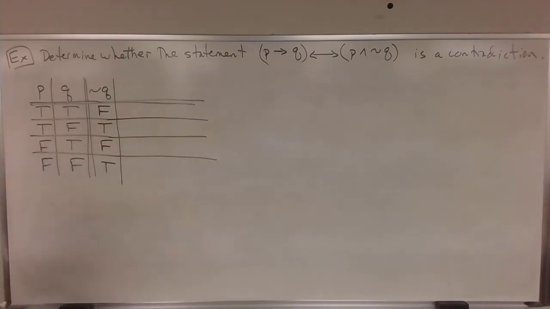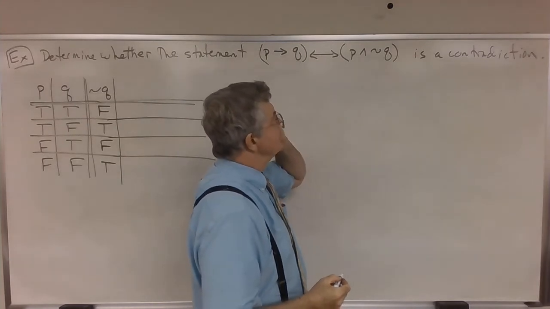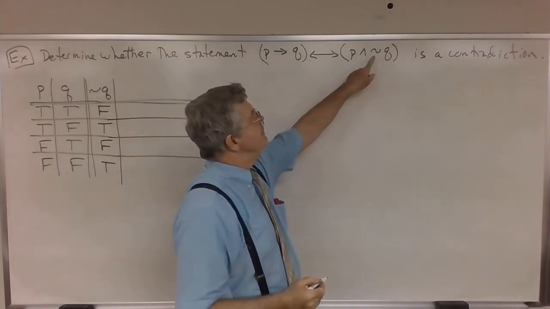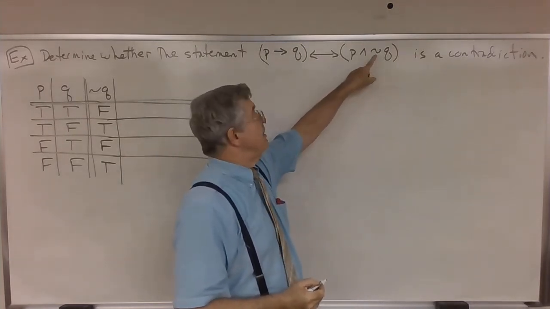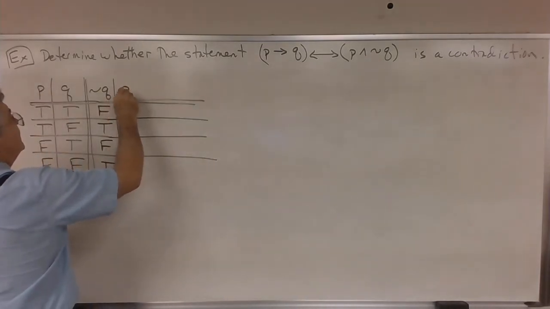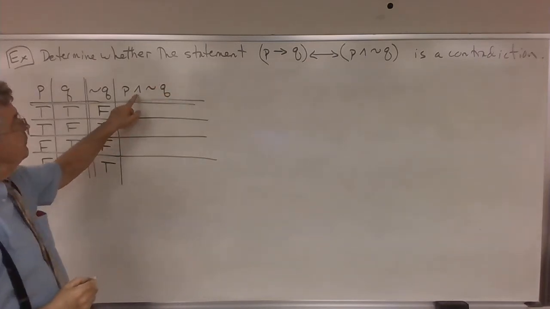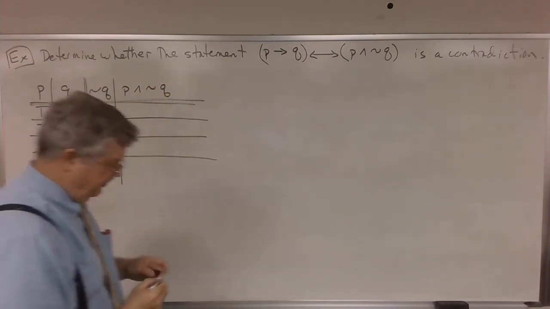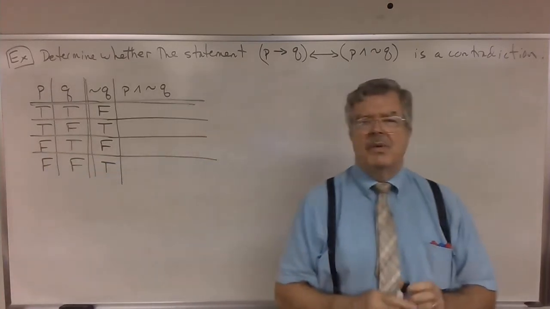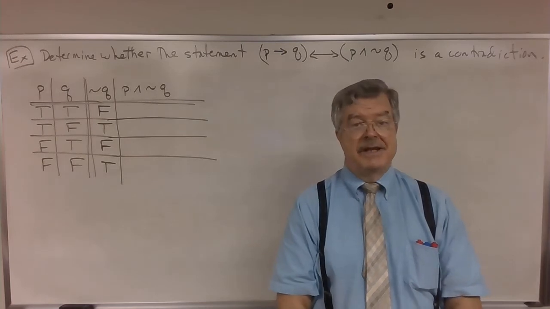Now I guess we can do either of the expressions in the parentheses. Since we just did not Q, we can do this one. P and not Q. This is an and statement. And so we want to remember, what is the special case for an and statement?